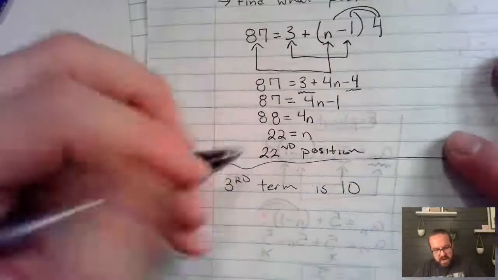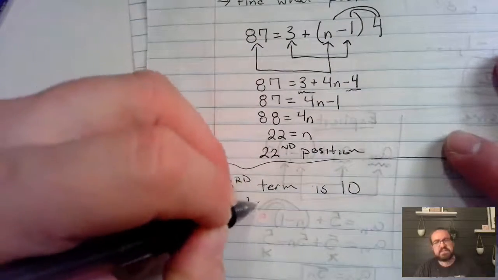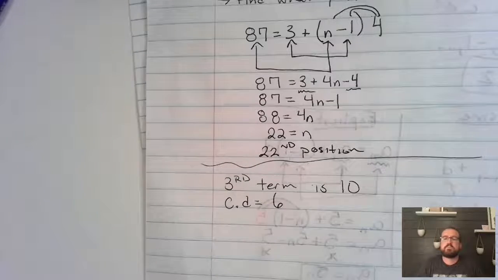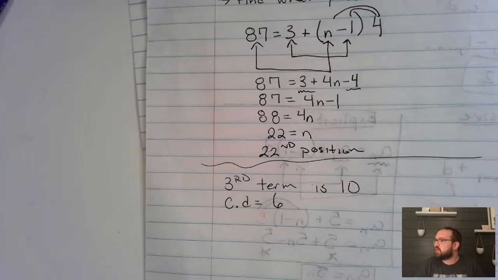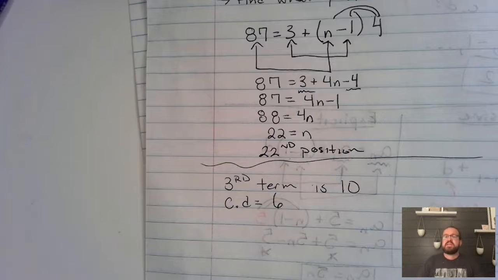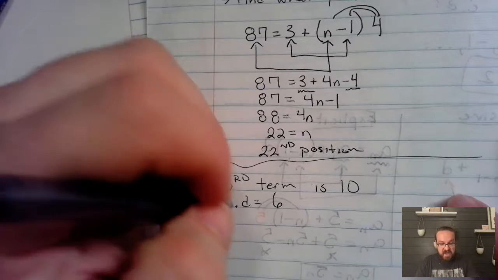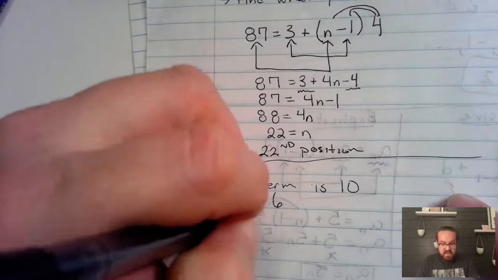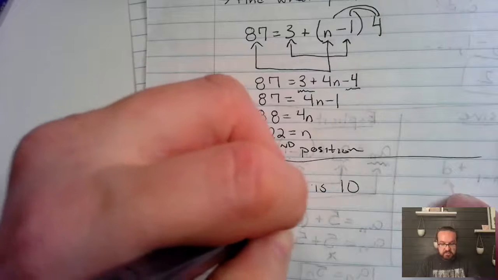I know my common difference is 6. And so what I want to do here is find out what the 30th position is. So find the 30th term.